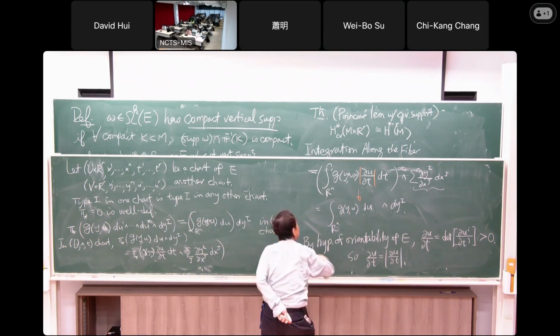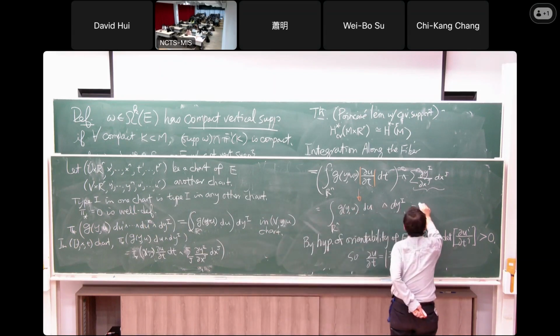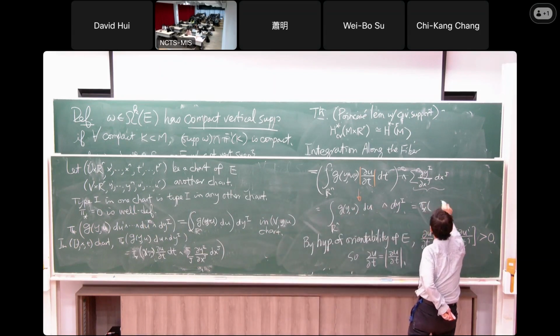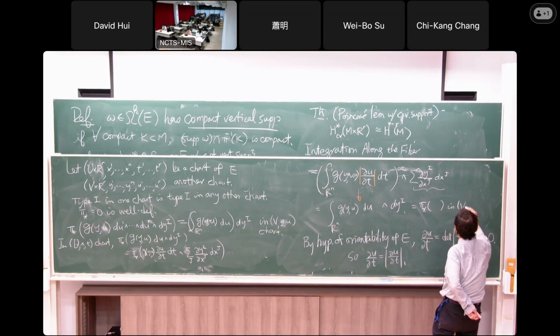So this is pi lower star in the V, y, u coordinate chart.